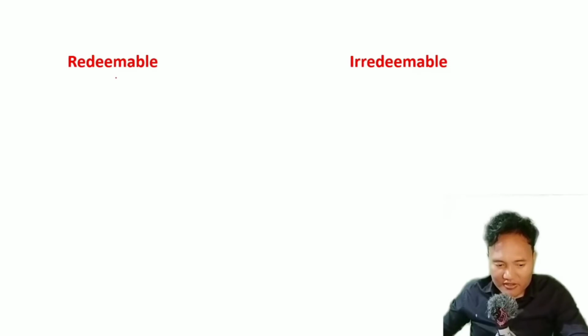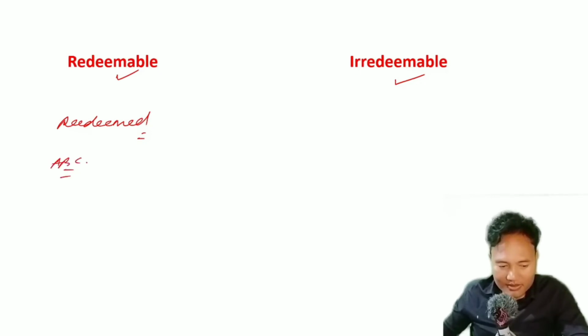The next preference shares are redeemable and irredeemable. Redeemable shares can be redeemed after a certain period of time. It means suppose ABC is a company and Mr. Y has invested 10 lakhs in the form of redeemable preference shares.